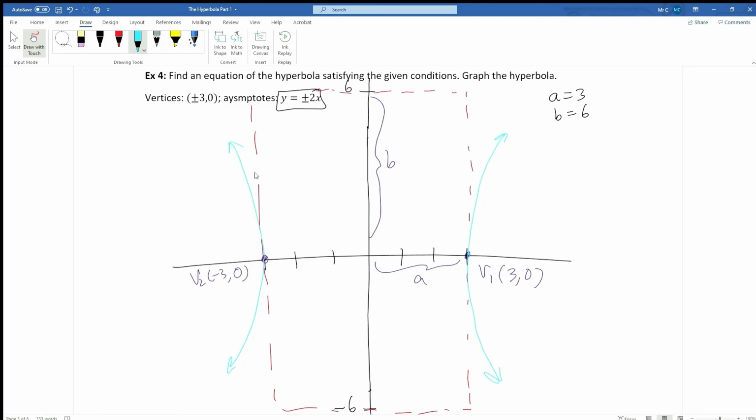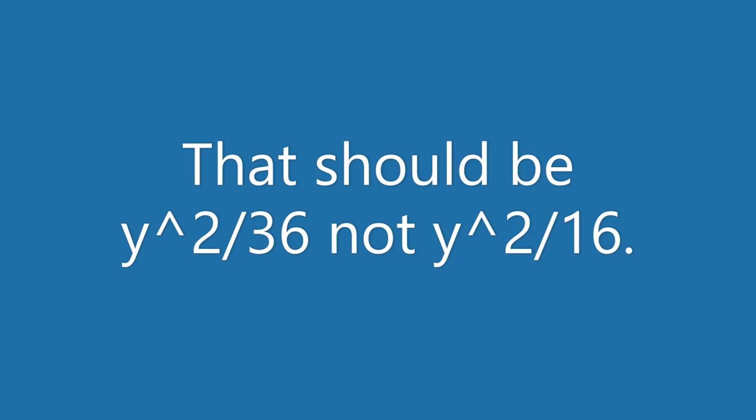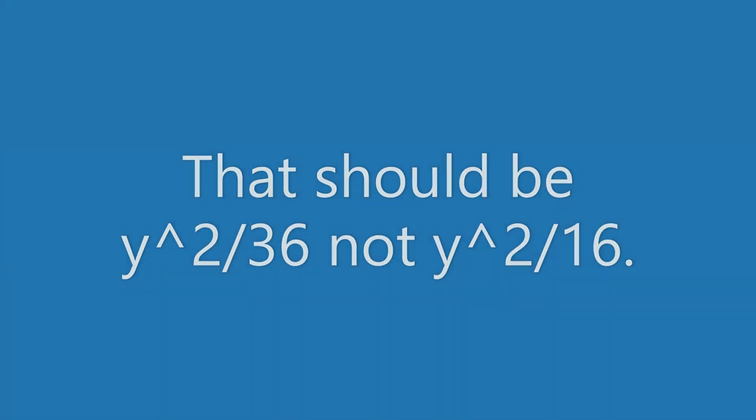And I could draw my diagonals. I've run out of room here. I'm not too concerned about that. Let's go ahead and find the equation, though. So since this is horizontal, it'll be x squared over a squared minus y squared over b squared equals 1. Which tells me it's x squared over 9 minus y squared over 36 is 1.